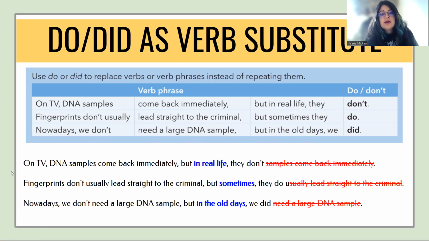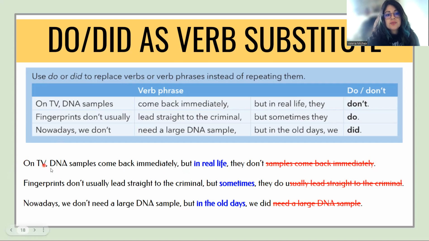All right, so we are paying attention to the verb phrase, and also we are paying attention to the use of do, don't, did, and didn't. Let's see the same examples with some more explanation. On TV, DNA samples come back immediately, but in real life, they don't. So we are avoiding repetitions, okay?